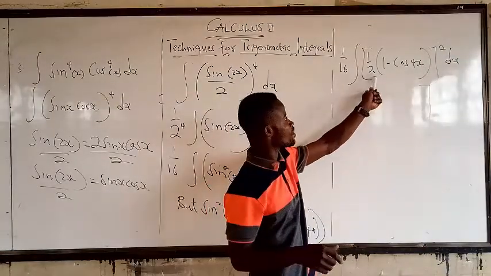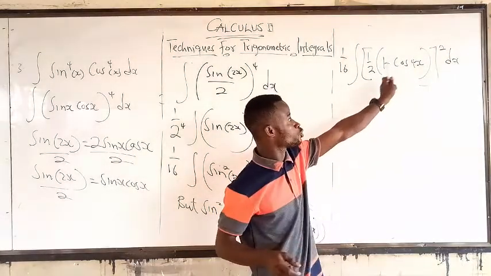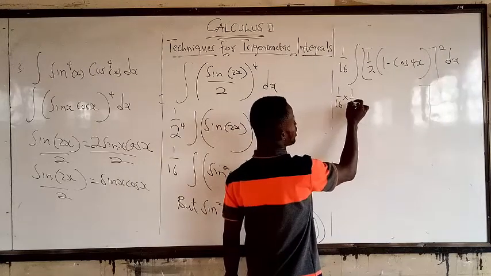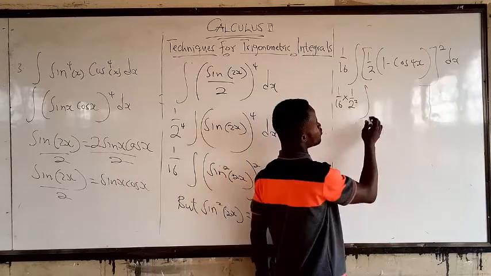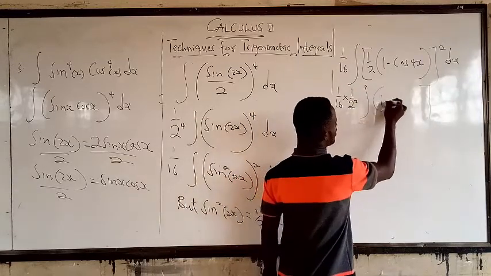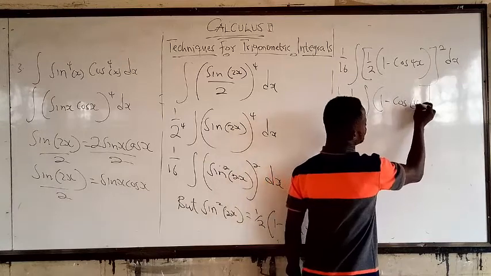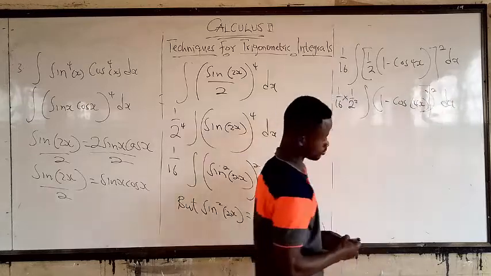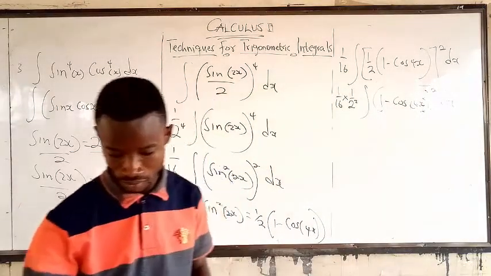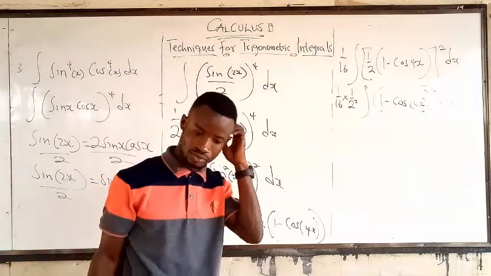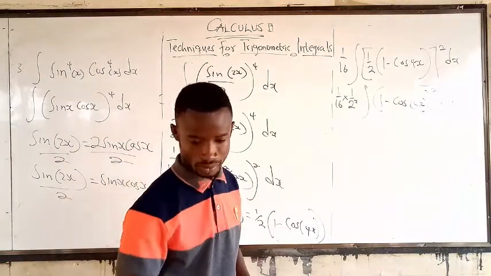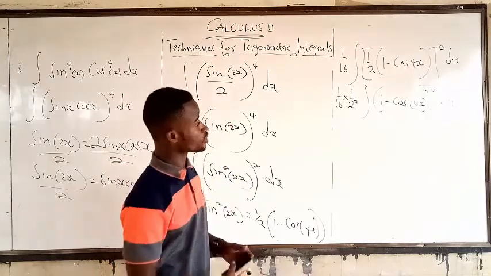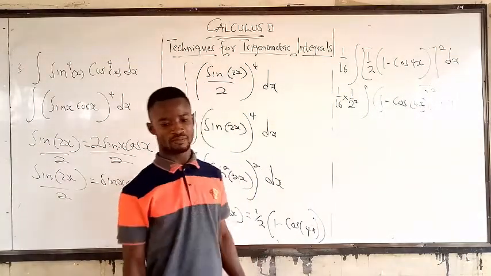So the half will be affected by the power 2. So you will get 1 over 16 times 1 over 2 squared, the integral of 1 minus cos 4x, to the power 2 dx. Very good. That is what we have for that.